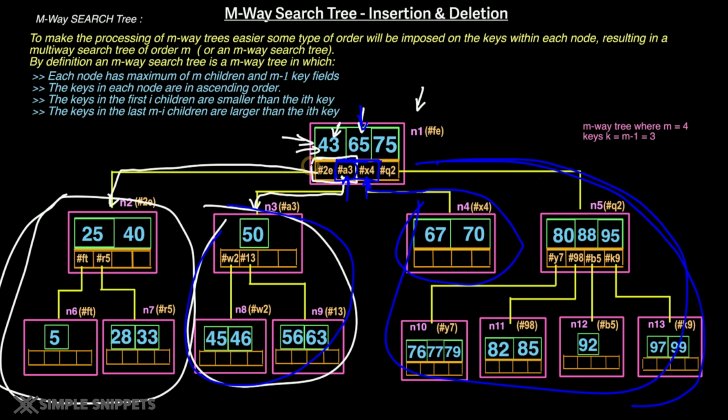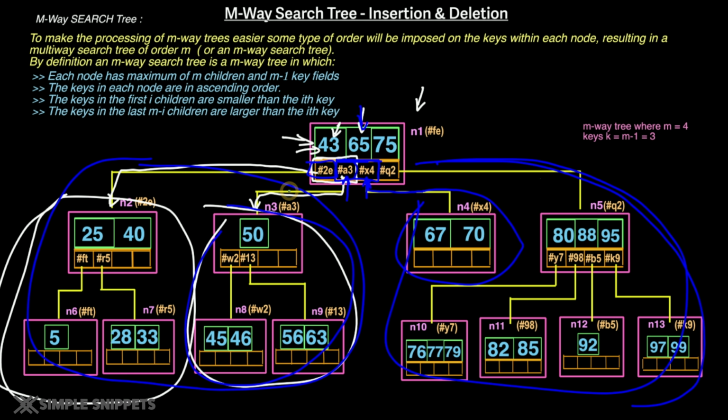Similarly, everything coming to its left is going to be less than 65. I know I made a bit of a mess over here, but you get the idea. This is something you have to keep in mind, because it will come in handy when you are inserting as well as deleting.